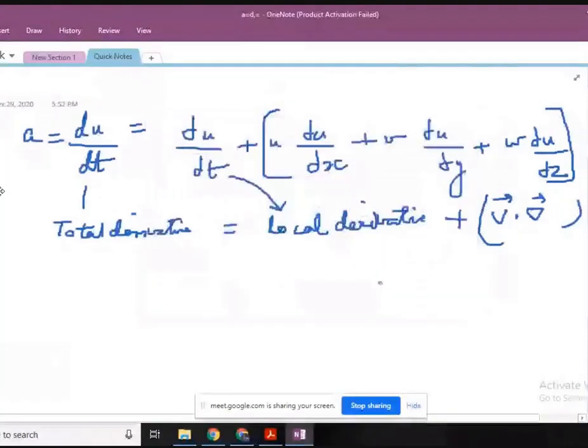So the local derivative, which is dou u by dou t, plus the velocity dot grad u.